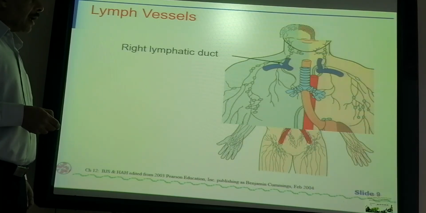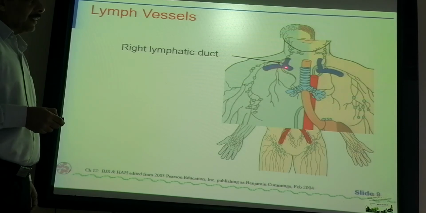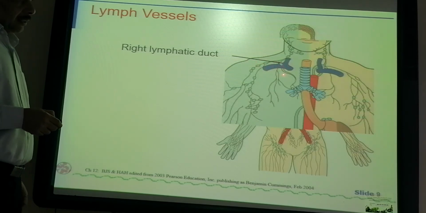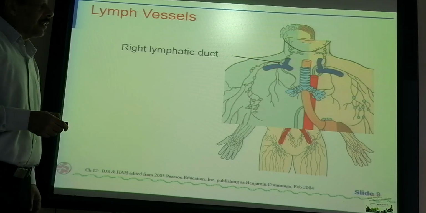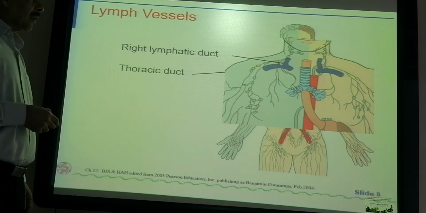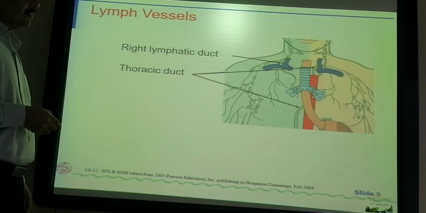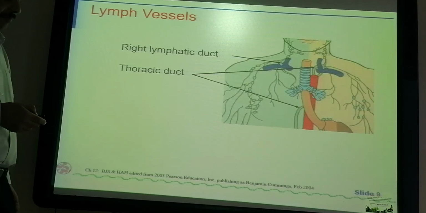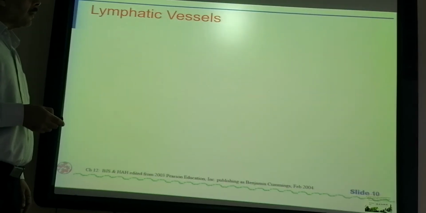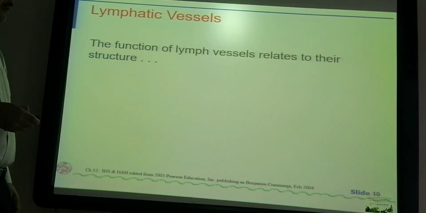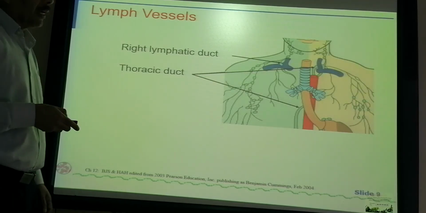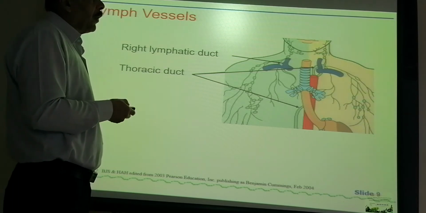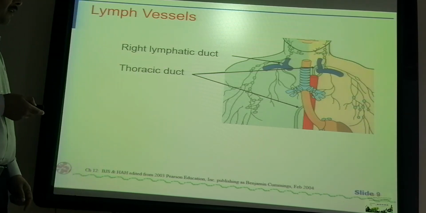Here, the right lymphatic duct will be connected to the subclavian vein. This is the right subclavian vein. So this is the thoracic duct. It is also connected to the left subclavian vein.